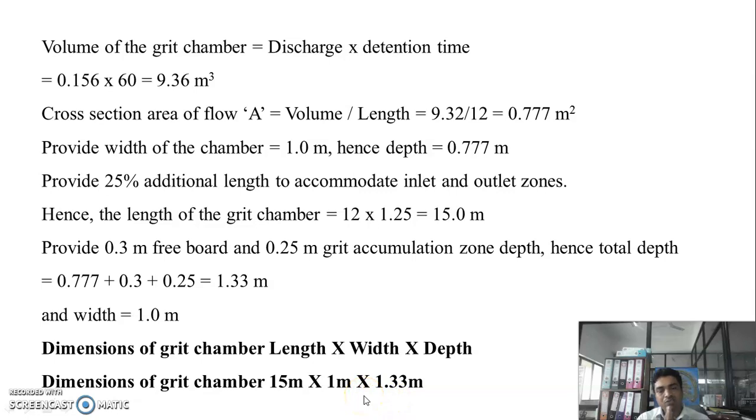In this way we find out the dimensions of the grit chamber, or design the grit chamber. I hope all of you understood this example very well. If you have any difficulty, you can ask me frankly.